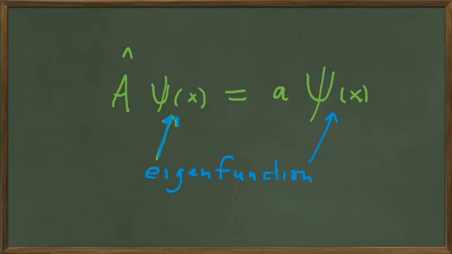And this whole problem, A psi of x equals lowercase a times psi of x, that's called an eigenvalue problem. So there's a number of important operators in quantum mechanics that involve eigenvalue problems, and we're going to look at those in the video that follows this.